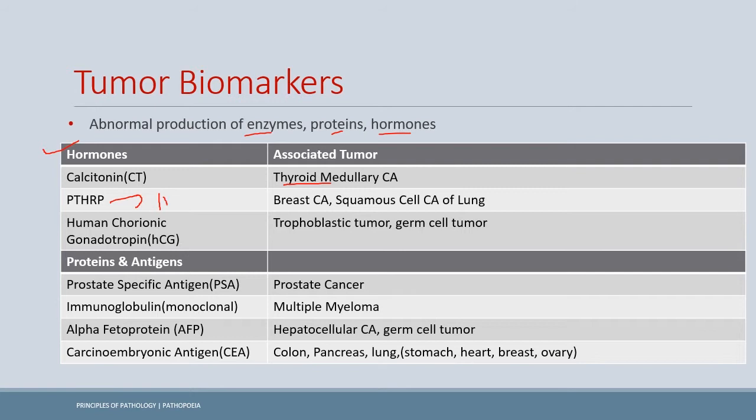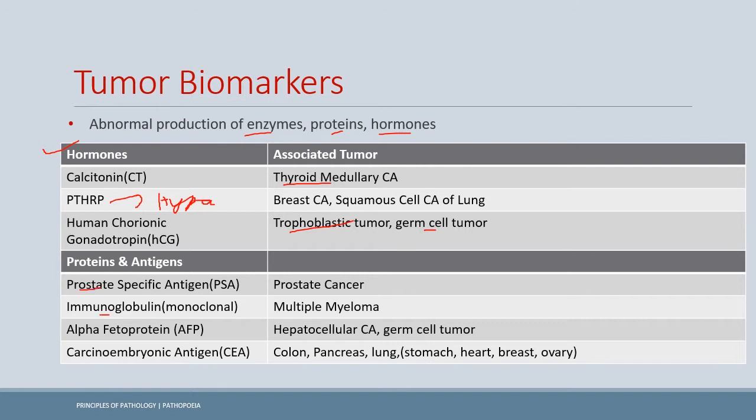And now, what would be the result of increase in PTHRP? It would be hypercalcemia, because remember, the parathyroid gland produces the osteoclastic activity. The purpose of the parathyroid hormone is to increase the calcium levels in the blood. Now, the human chorionic gonadotrophin, of course, you can imagine here, is for trophoblastic tumors or the germ cell tumors. Now, some proteins and the antigens, which are the prostate-specific antigens for the prostate cancer, not hard to imagine here because of the prostate.